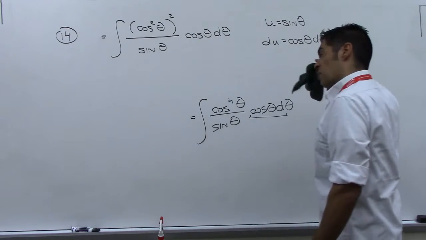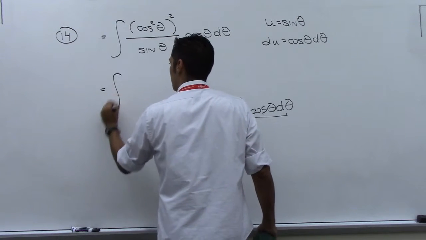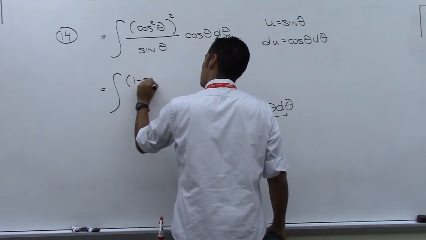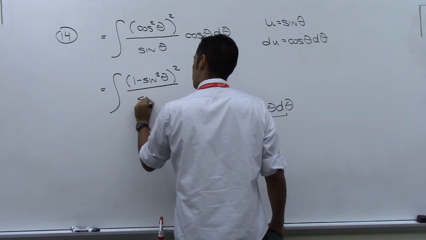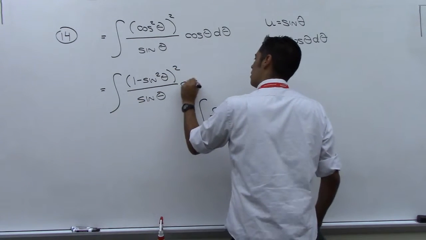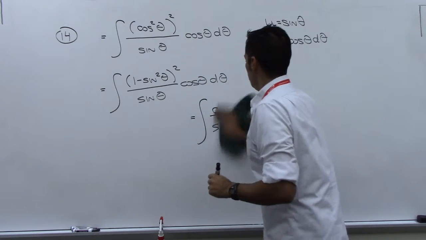And remember that cosine squared theta is 1 minus sine squared theta. So you have 1 minus sine squared theta, squared, over sine theta, cosine theta d theta. So we're making good progress here.